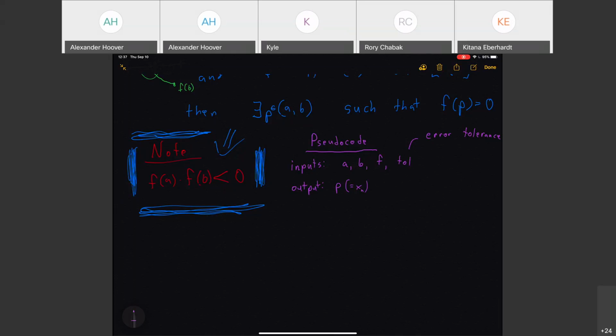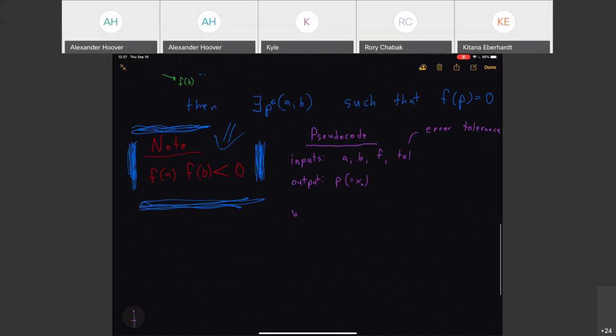So the actual code is very easy. We have while b minus a is greater than our tolerance, then we will have p be (a plus b) over 2. So this is essentially the midpoint.